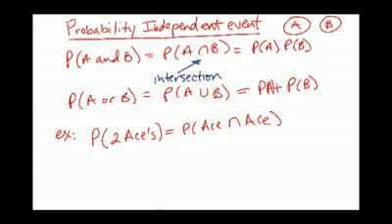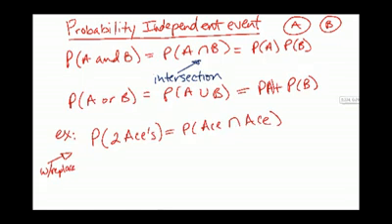I now have to do a quick side note. This would be with replacement. So that means after I take one card out, then I put it back in the deck and pull the second card. Alright? And I'll show you how it differs without replacement.